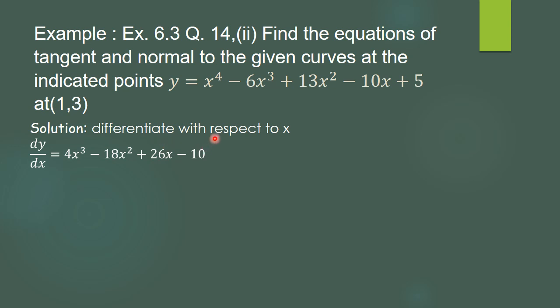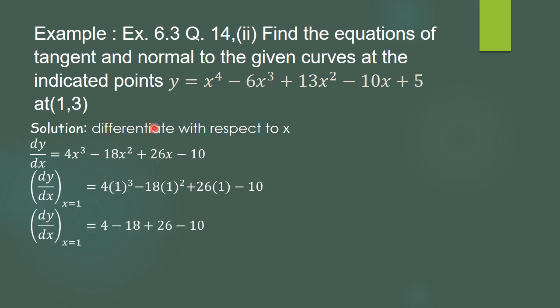Now dy by dx at x equal to 1: replace every x by 1 and we get 4 minus 18 plus 26 minus 10, and on simplifying we get 2. So we can say that the slope of a tangent is 2.